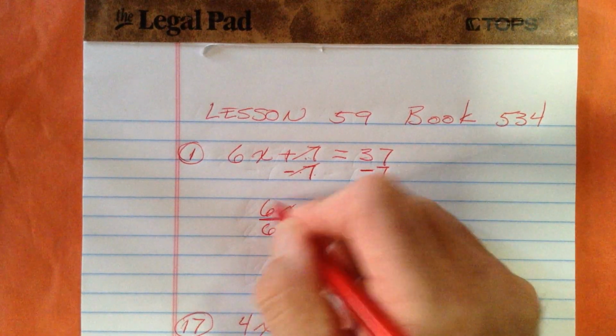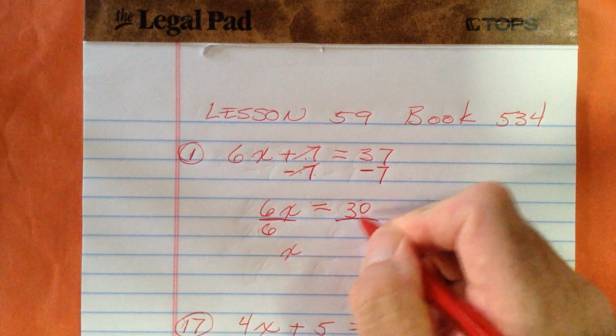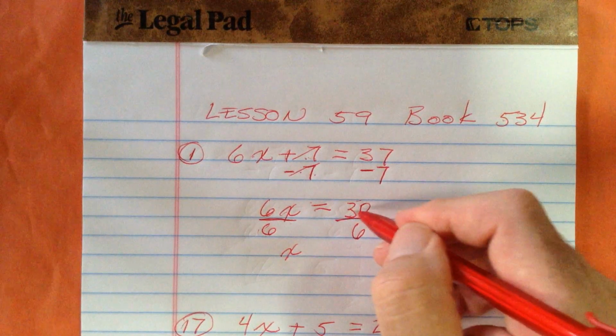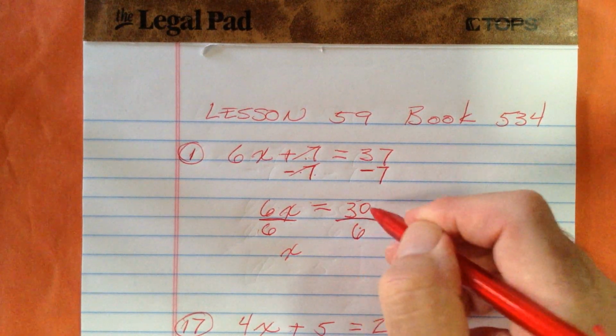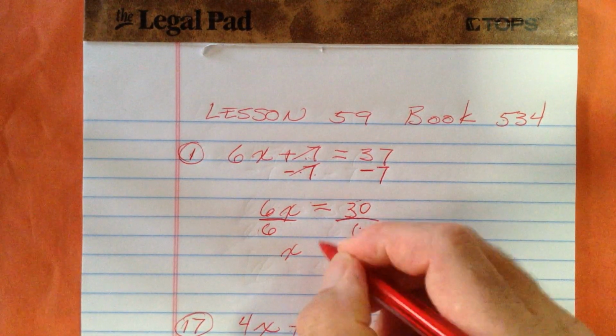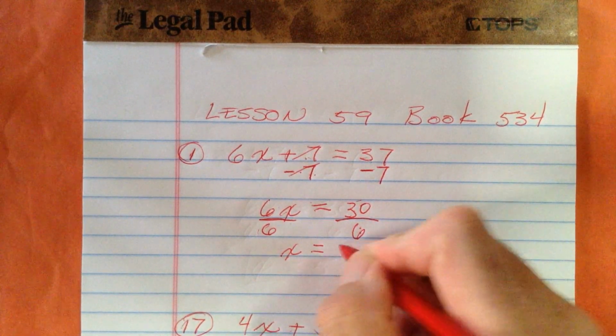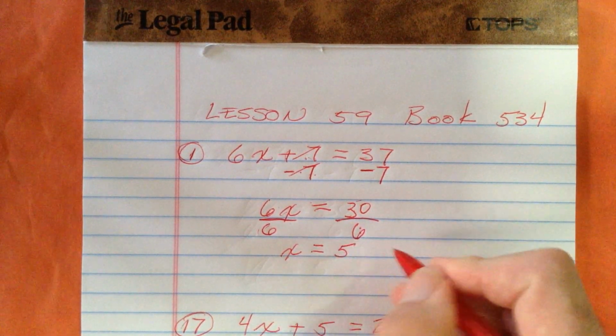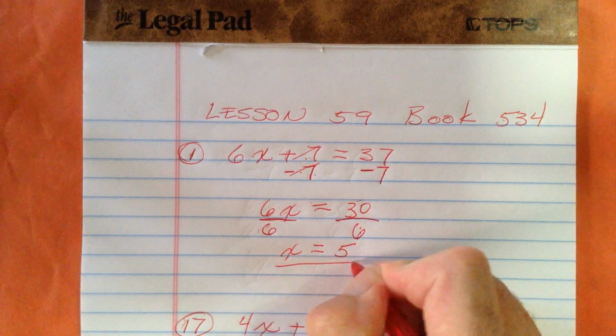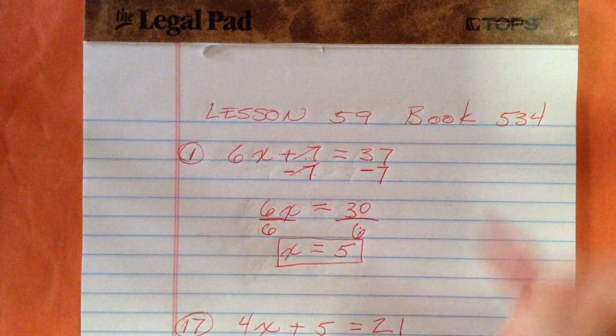Since I divide this side by 6, I have to divide this side by 6. So 30 divided by 6 is 5. So x equals 5.